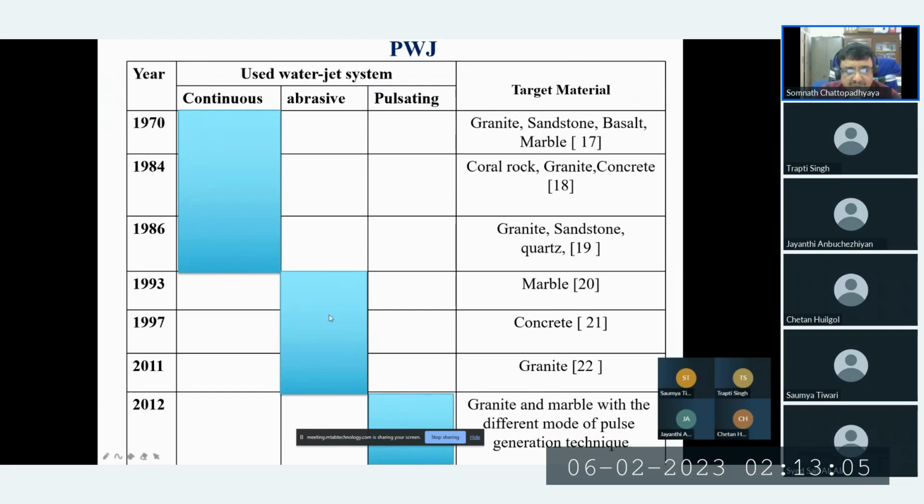Then people thought of mixing in abrasives in order to make yield and depth easier. And then the latest development, maybe in 2012, people came out with pulsating water jets. The advantage is that at the pressure we can work, we don't need abrasives, and there is integration of different materials like granite and marbles that can be carried out. The pulsation parameters.